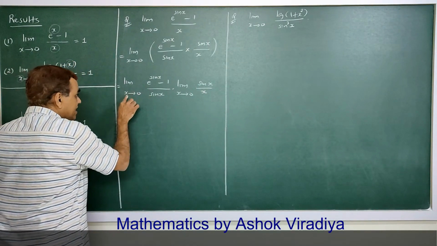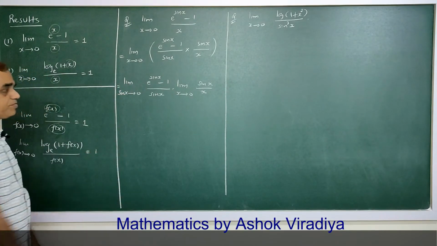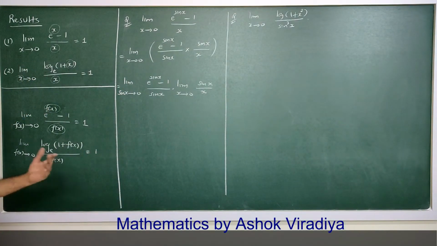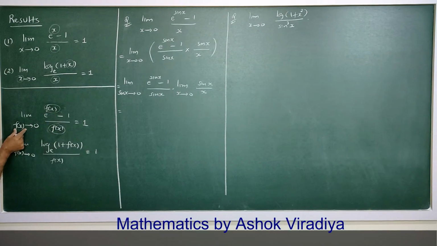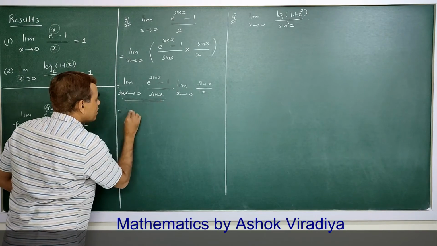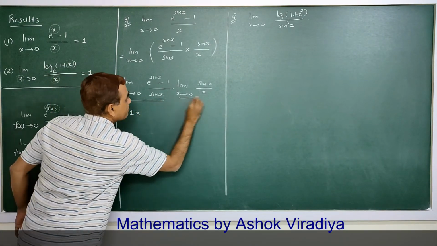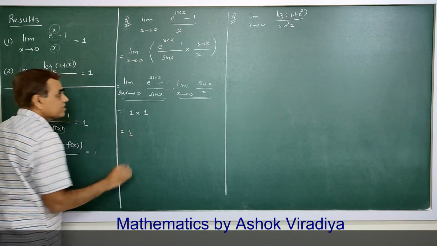Now x tends to 0, so sin x tends to 0. Therefore, by this property, this is equal to 1, and the limit of sin x upon x, x tends to 0, is also 1. So here the limit is 1.